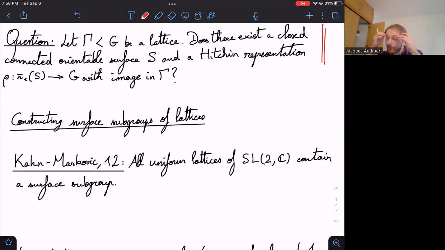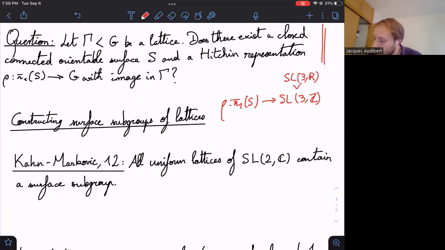So first, when we consider a Hitchin representation rho from pi_1 of S to, let's say, SL3(Z), for example, which is a lattice in SL3(R).